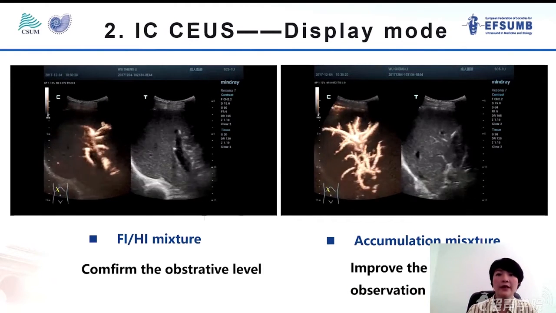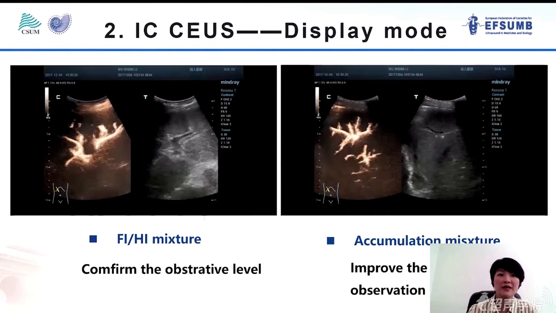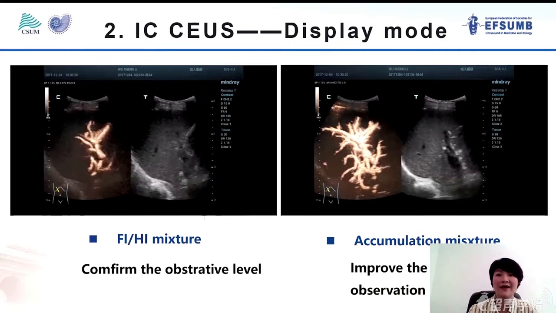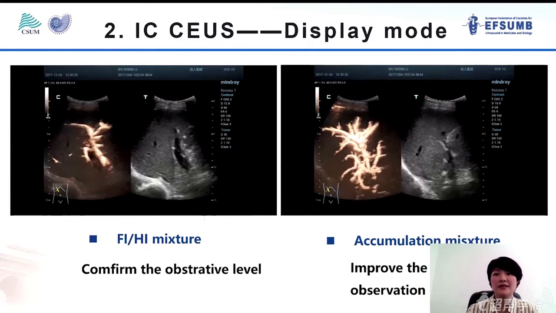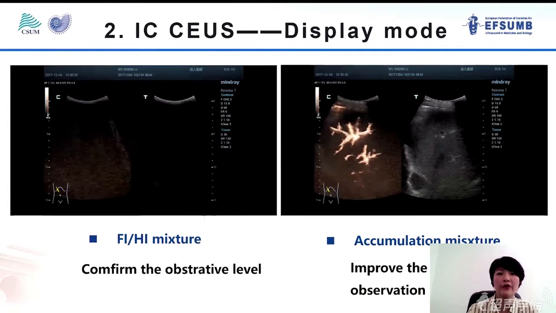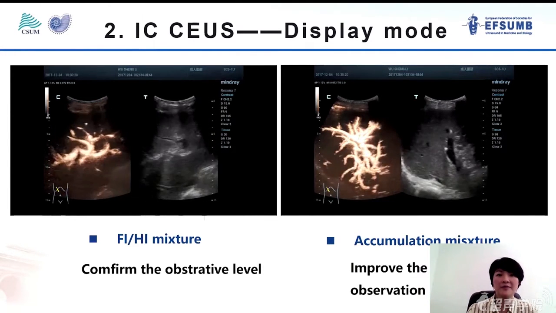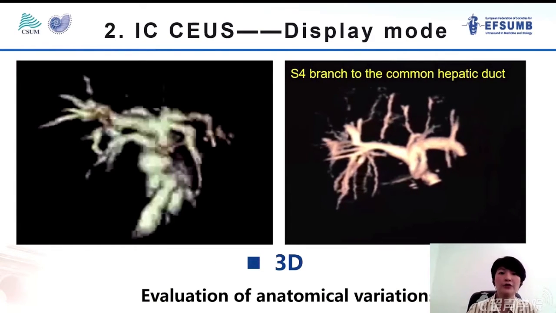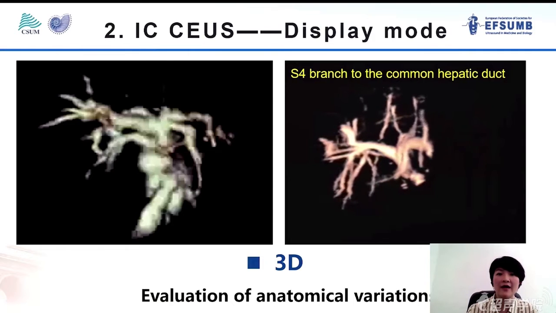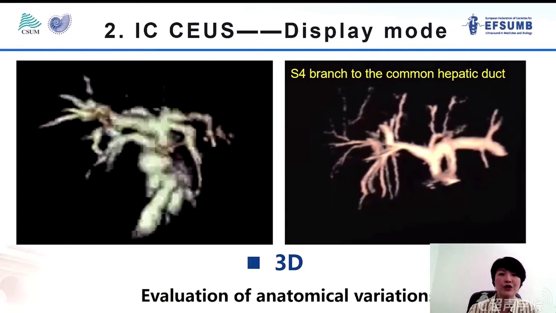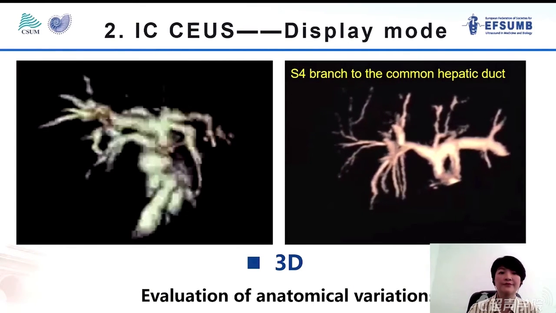The first one is FI and HI mixture mode, which helps the doctor to confirm the obstructive level. The second is the accumulation mixture mode, which significantly improves the continuity of observation. Another is the 3D display mode, which is useful in evaluation of anatomical variations because we can clearly observe the biliary tract from different angles.